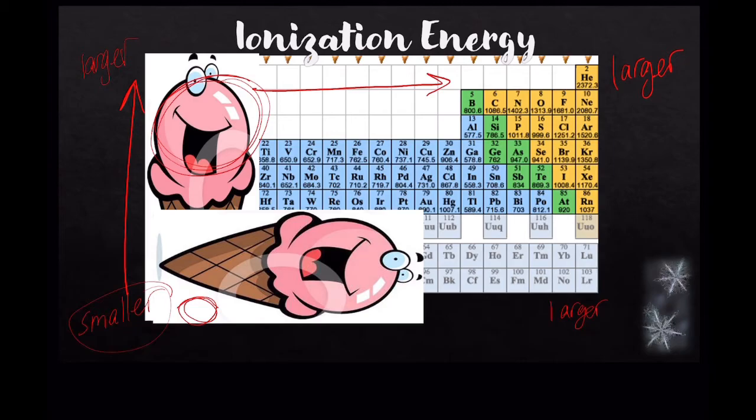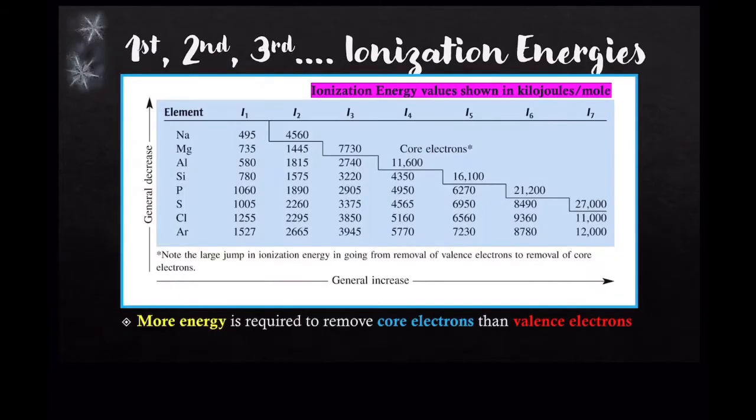on the left side. The periodic table we were looking at previously showed us the first ionization energy values. That is the amount of energy needed to remove one electron from an atom. This table shows you the first values here, but it also shows you the second and third ionization energies.